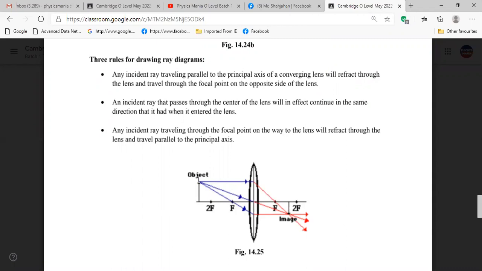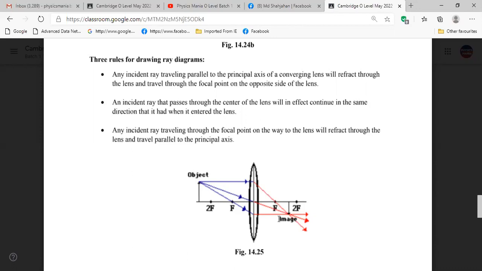You see, the ray diagram you drew was from the object. Now we will do it in reverse. We will draw it from the image head. From the image head we will draw the ray, and it will go straight.